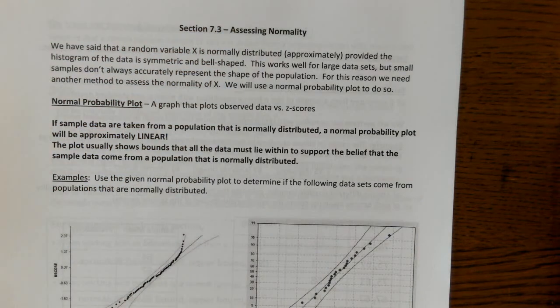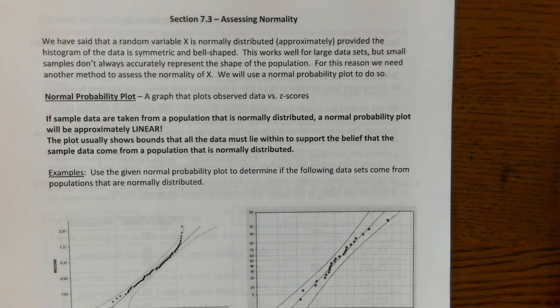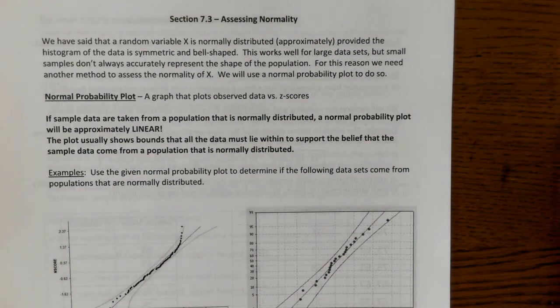But sometimes we only have small data sets. Maybe it's a new illness that has just been discovered, very rare. Not very many patients have ever had this illness. So we're not sure whether the data is normally distributed, okay? Maybe it's U.S. presidents, and we're looking at the average height of a U.S. president.